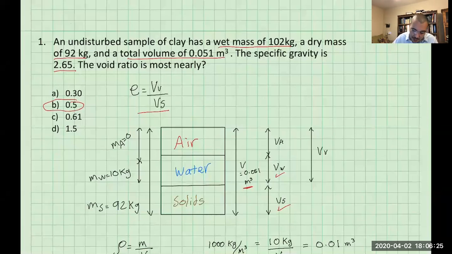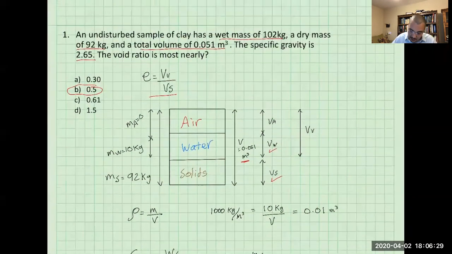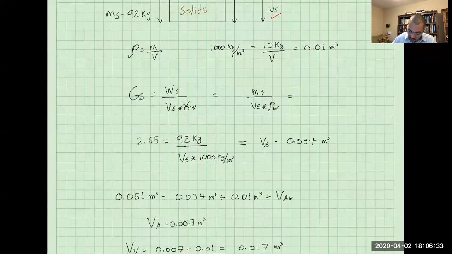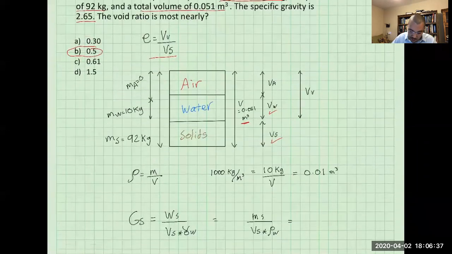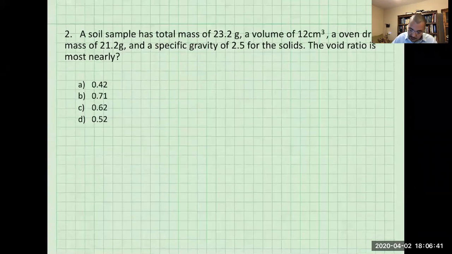So not too bad, because I'm trying to explain all the steps. It might take a little more time than what you need to aim for. And with this one, we can move to number 2, which is very similar.